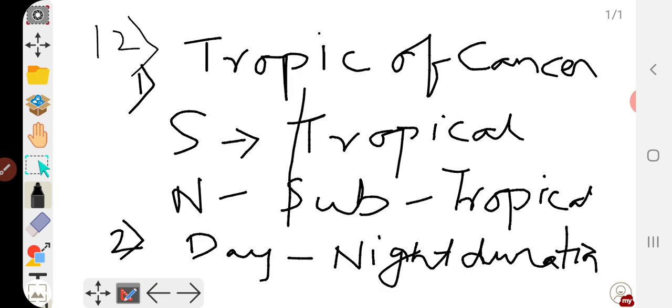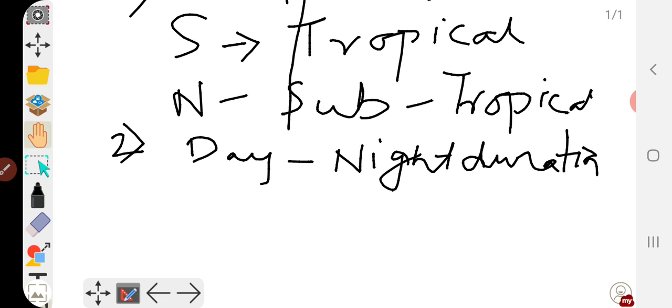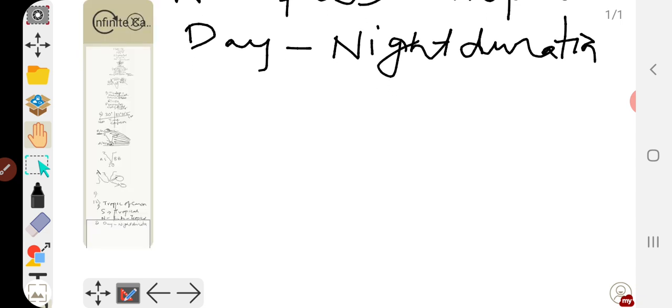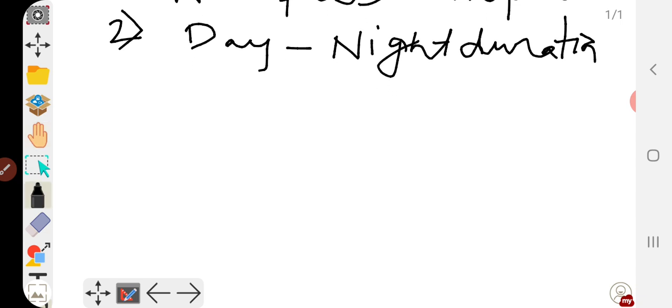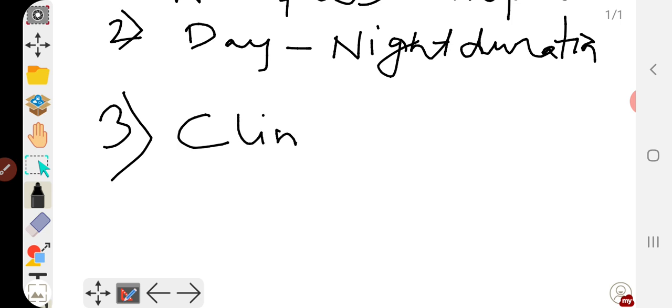Next, the third point is that our country has a vast stretch from the northern part to the southern part. The northern part has a mountain barrier, which is a climate divide, and the southern part has a peninsular structure.